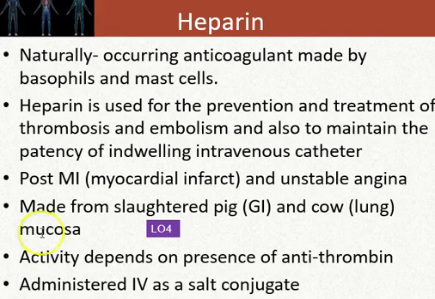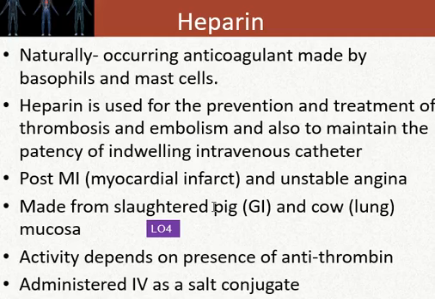We get heparin molecules from the slaughterhouse, typically from either pig or cow mucosa, and these cell suspensions are filtered. Essentially, we clean them up, purify them, and sterilize them, of course, and we can give them to patients. One of the main things is that in order for heparin to work in our bodies, the endogenous antithrombin molecules that we make have to be present.